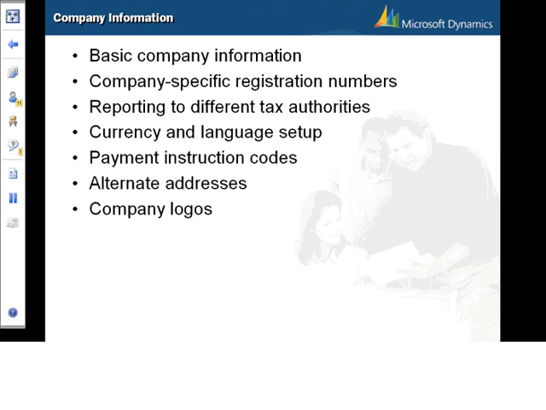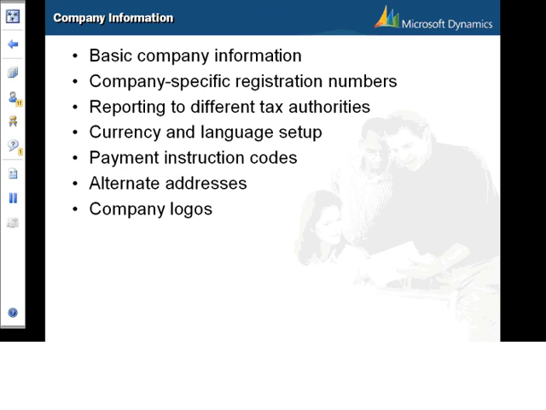The company information form also contains functions for alternative company address, company logo import, external codes, and 1099 software vendors and transmitters.